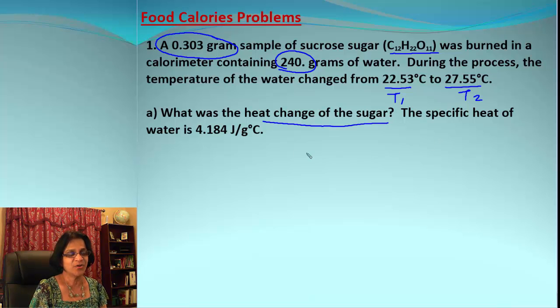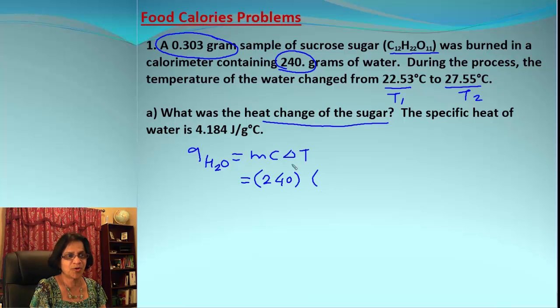But wait a second, we know that heat loss is equal to heat gain. So let's find the heat gained by water. The formula we are going to use is MC delta T. What is the mass of water? That is 240 grams. C for water is 4.184.